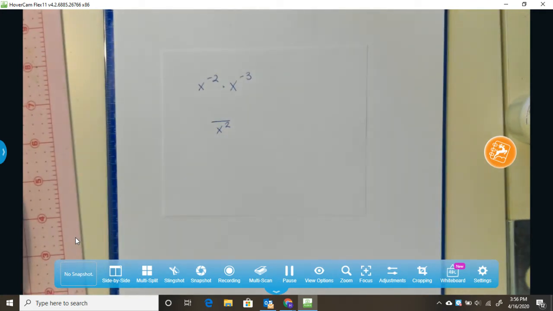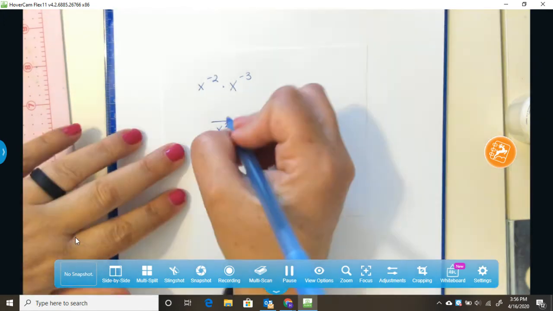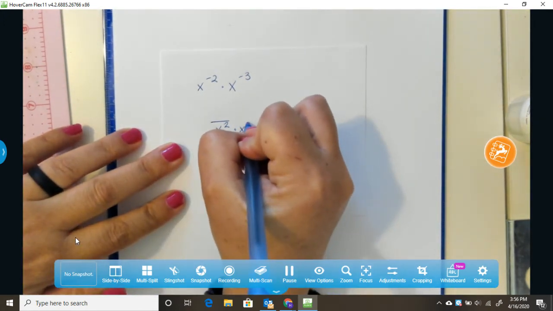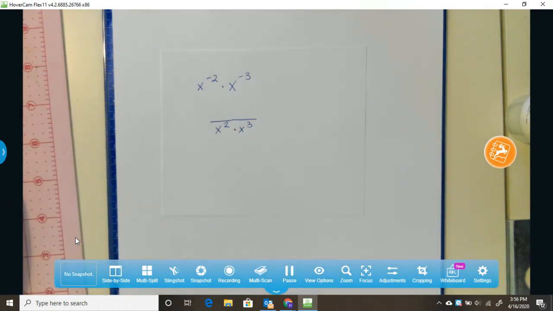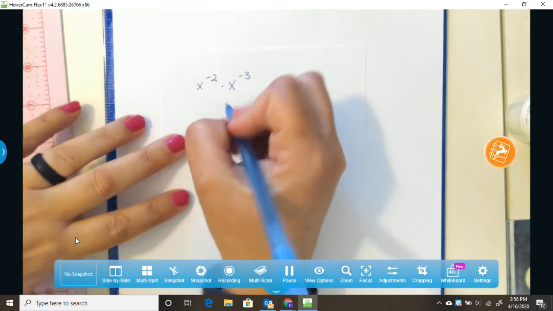So again, I want the reciprocal of x, which would be, instead of x over 1, 1 over x. So I'm going to switch this over here. X to the third goes on the bottom. Well, now I have nothing on top. So what do you think I should do? What do I put on the bottom if I don't have anything on the bottom? I put 1. Same thing with the top.